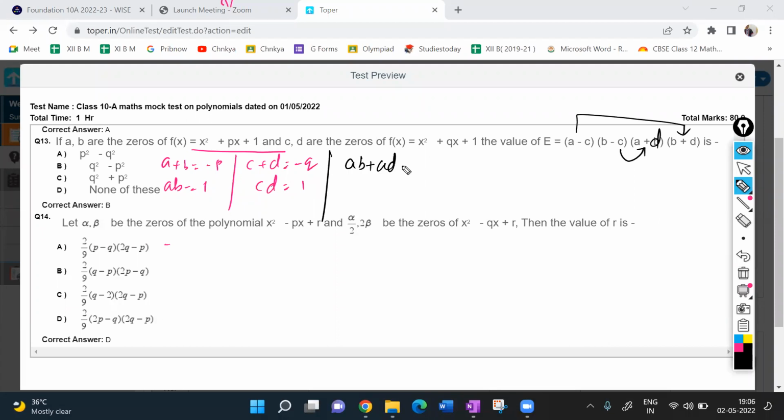AB plus AD minus BC and minus DC, so BA plus BD minus AC minus DC. From this, what can I take common?